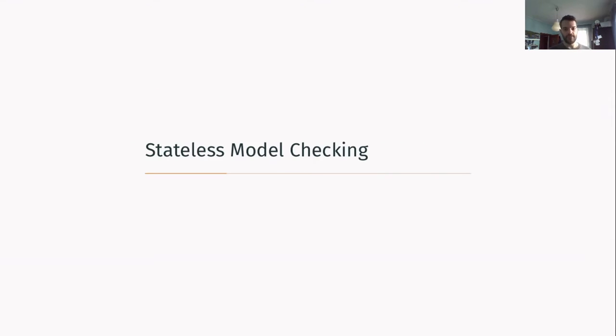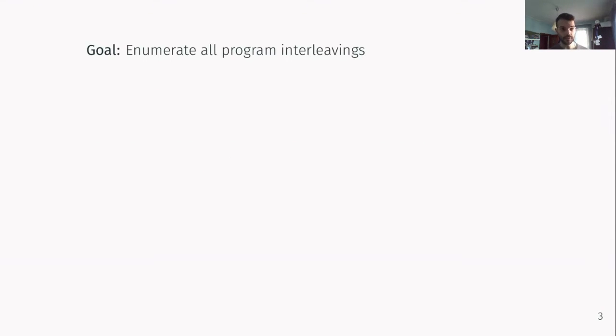So let's get started. The goal in stateless model checking is to enumerate all the interleavings of a program. And stateless model checkers do that because this is exactly how they verify a given program. So for instance, suppose that I have this program here where the first thread is writing 1 to x, the second thread is reading from x, and the third thread is writing 1 to y.